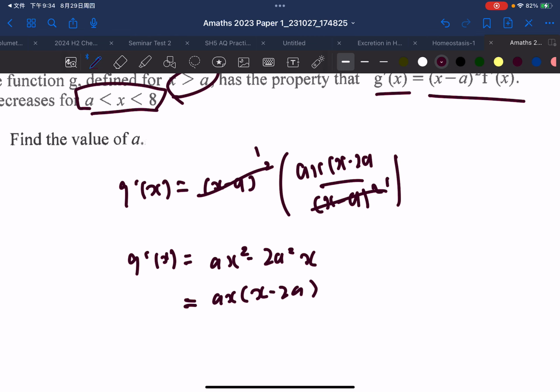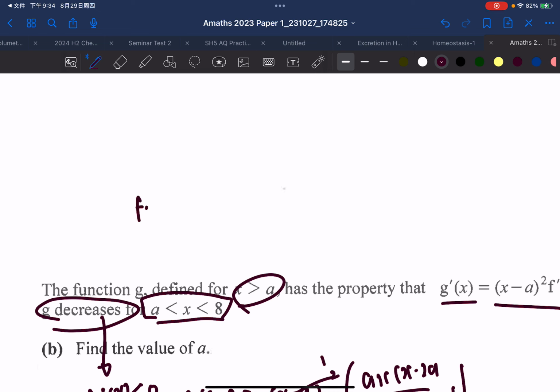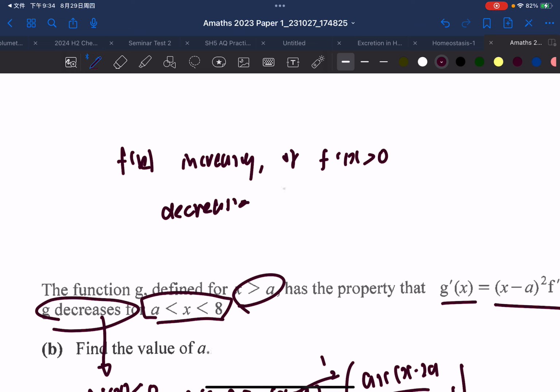They tell me that g decreases. So g prime x decreases tells me what? g prime x is less than 0. Remember, your function fx is increasing if f prime x is larger than 0, decreasing if f prime x is less than 0.